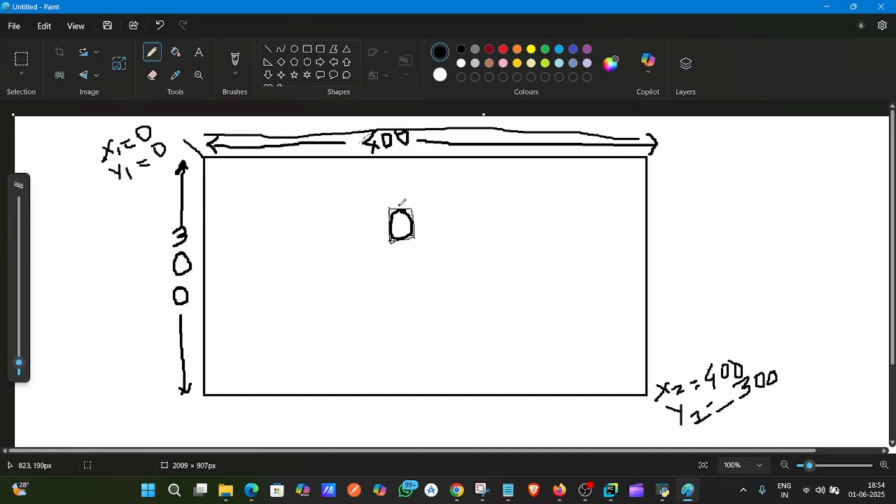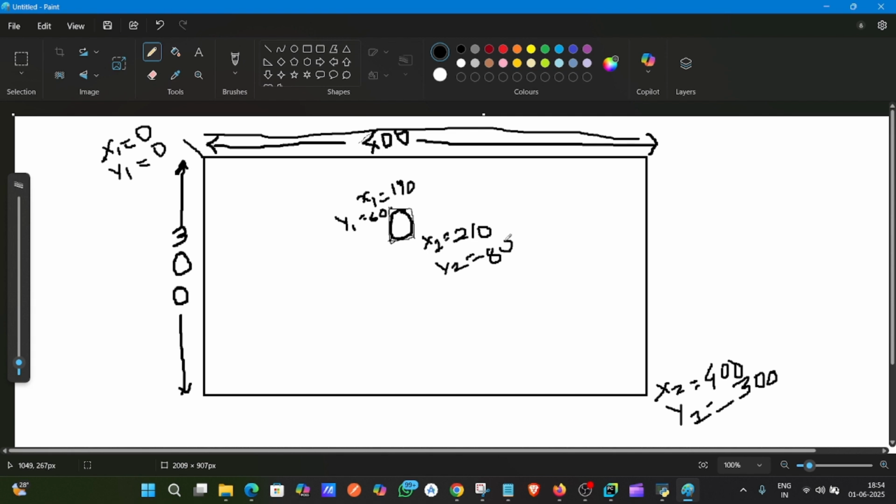So basically it is an invisible rectangle, and it has x1 equal to 190, y1 equal to 60, x2 equal to 210, and y2 equal to 80.